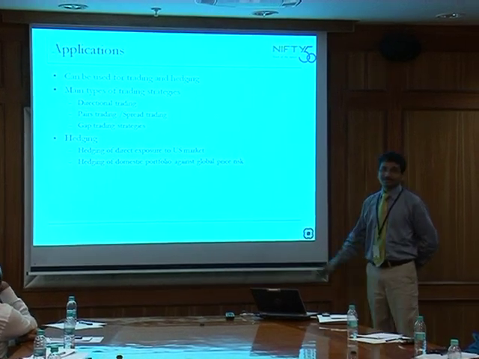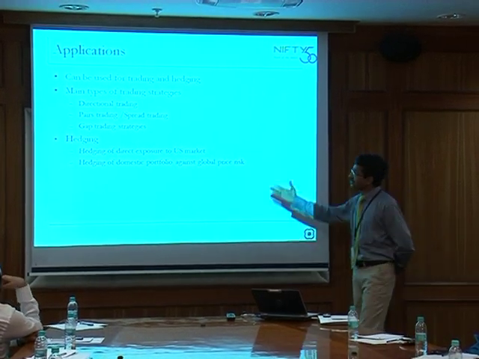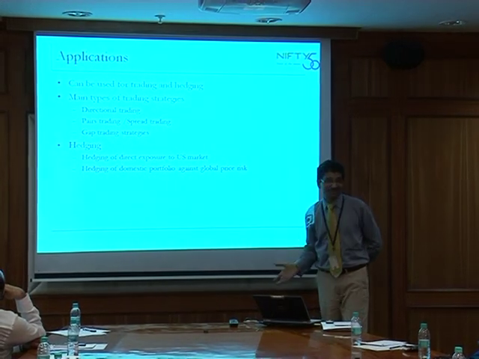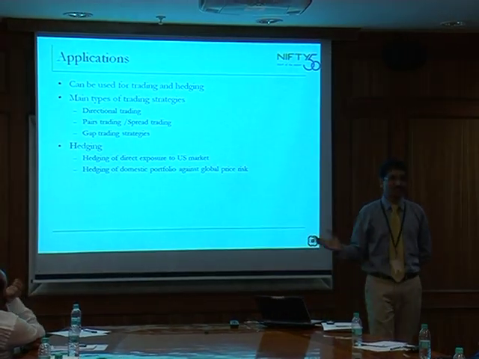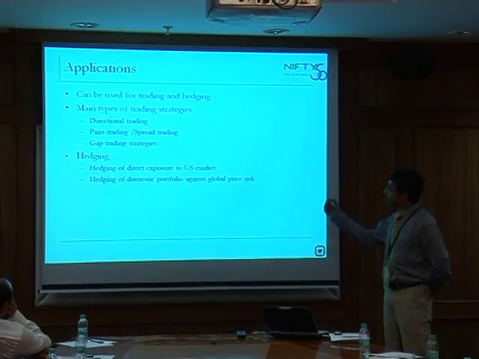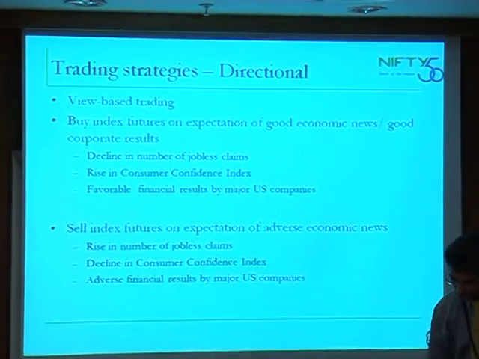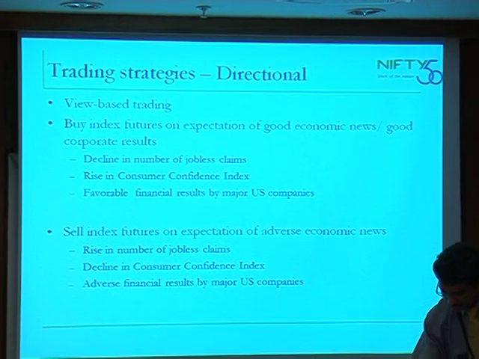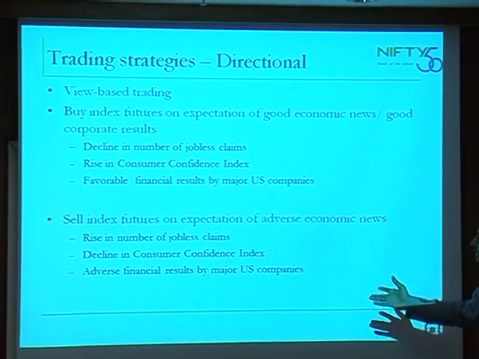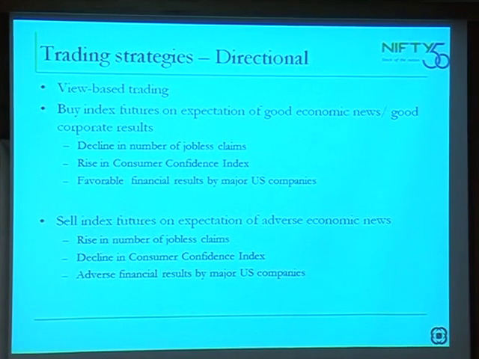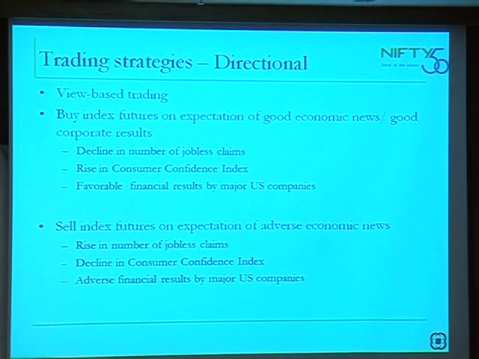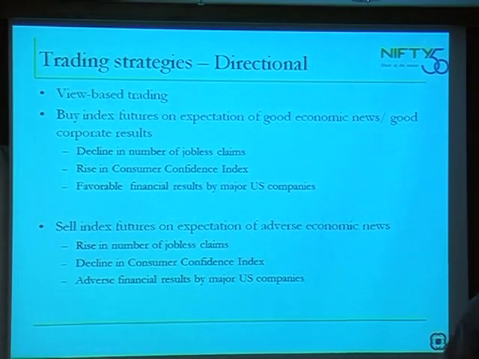Applications: you are the traders, I don't need to take you through what the applications are: directional trading, hedging, arbitrage, etc. A few points which I would like to touch upon. View-based trading: positive indications from the US economy, obviously you buy the index; negative indications, you sell the index.